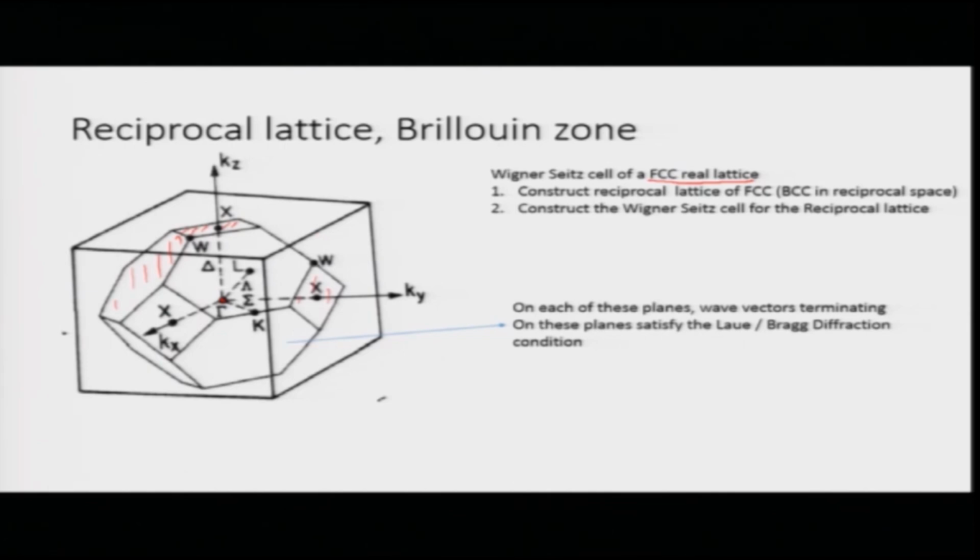Okay. And for waves which are getting diffracted from these planes, these waves will undergo Bragg scattering. So, waves which are undergoing a diffraction from these planes, which are also called zone boundaries, they give rise to Bragg scattering.